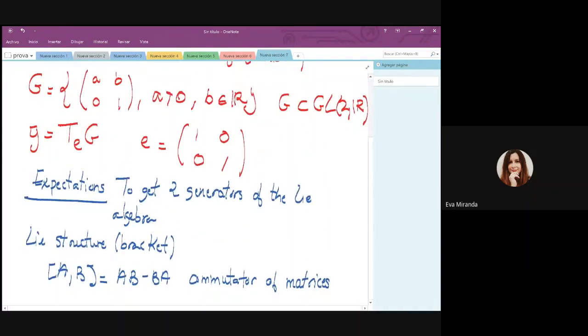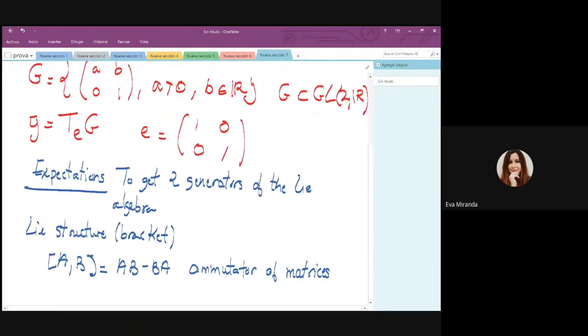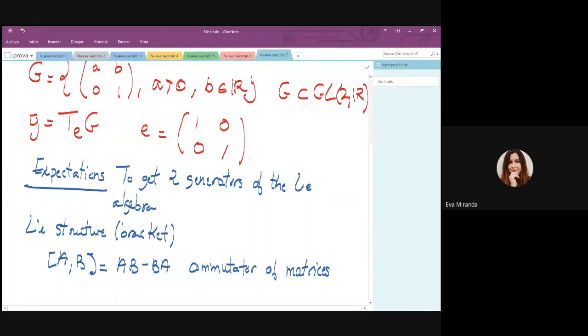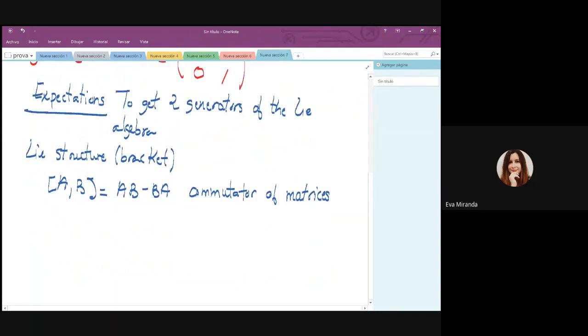So what I need to do is take curves inside G. I consider a curve alpha of t in G such that alpha of 0 is the identity, so it's just 1, 0, 0, 1.